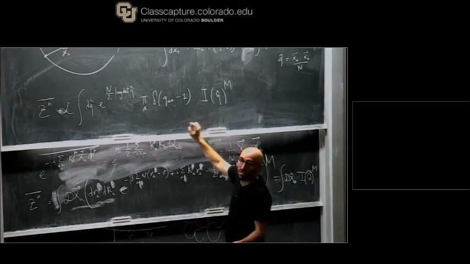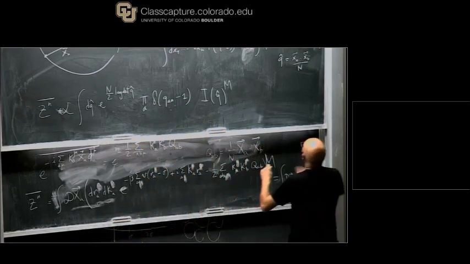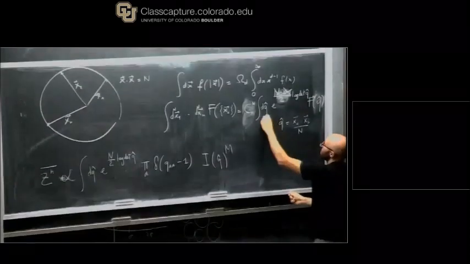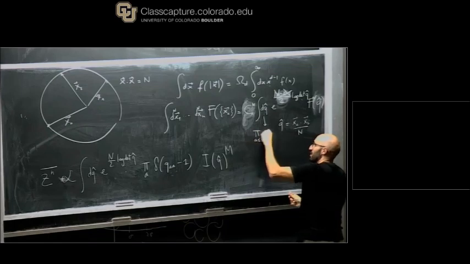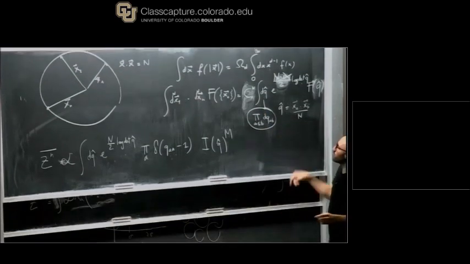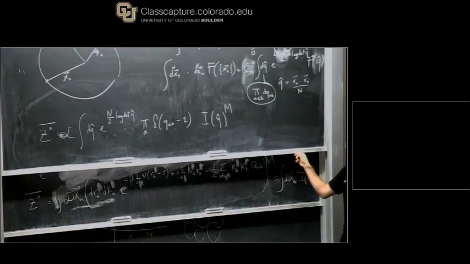When you say dq hat, there are many. Sorry, yes, you're right. dq hat in this formula is the product over a smaller than or equal to b of dq_ab. Because q is symmetric, it is the matrix of the scalar products, so q_ab and q_ba are the same.